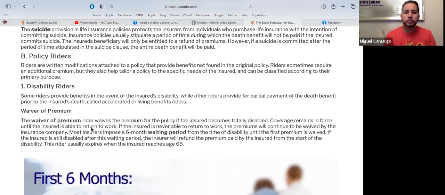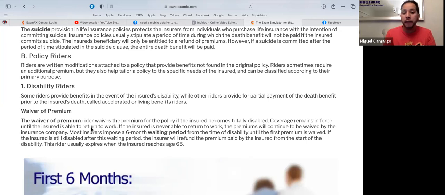So let's look at the disability rider. Some of these riders provide benefits if the person becomes disabled. There are companies that sell supplemental insurance policies. If you've ever heard of that duck, Aflac, they sell a lot of the disability supplemental policies.